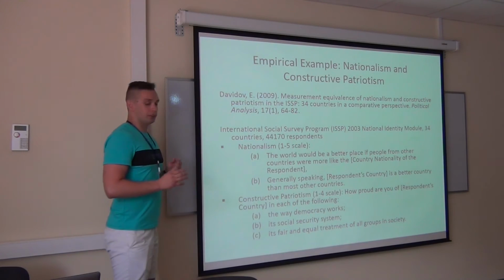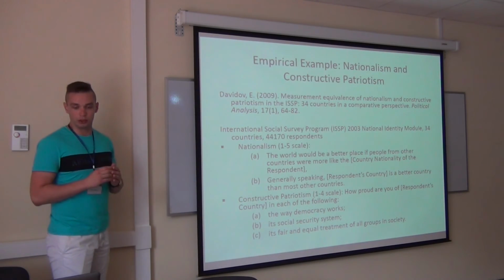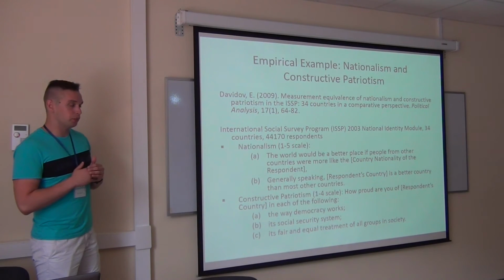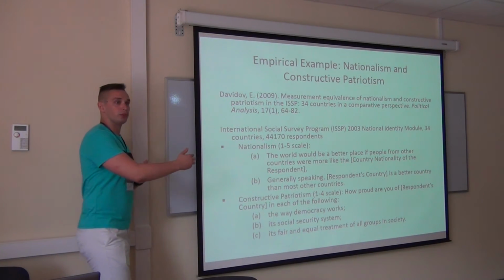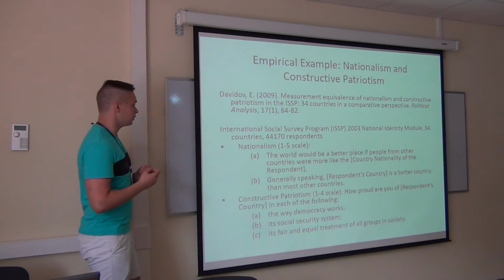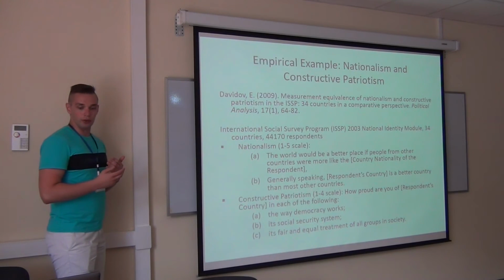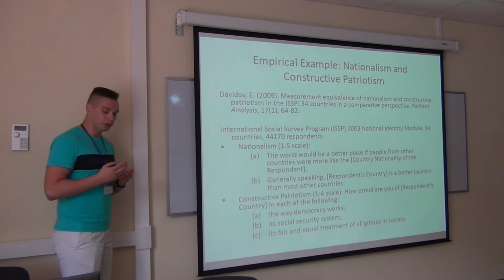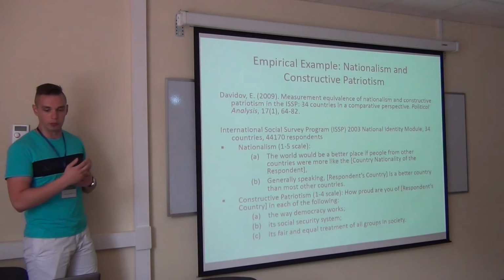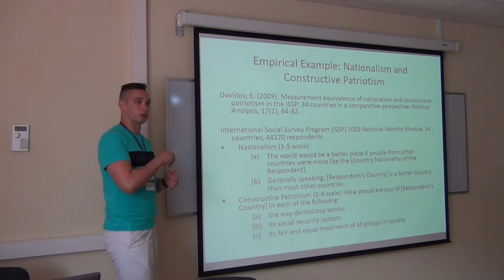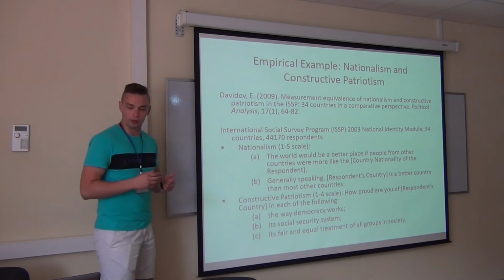And Davidov suggested that national identity can be divided into 2 different components. The first component has a negative meaning. It is nationalism, and according to Davidov, nationalism can be measured by 2 items. The first item: the world would be a better place if people from other countries were more like the people of the respondent's country.